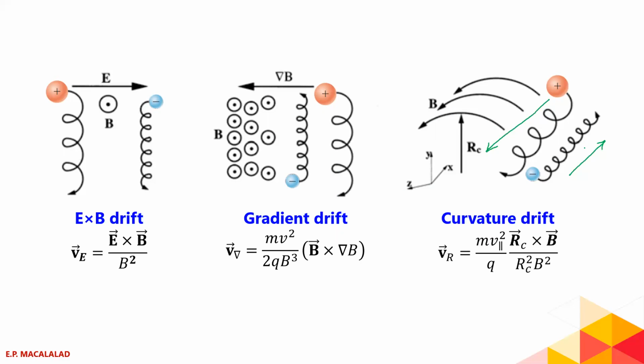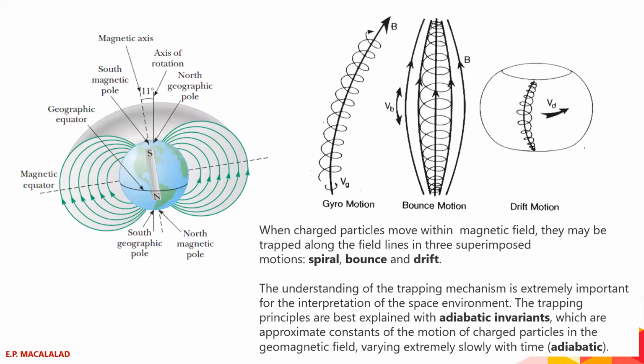So this is the third motion of a plasma particle in a magnetic field. Just to summarize the three types of motion, we call this the adiabatic invariance. We say adiabatic invariance, that means this gyro motion, bounce motion, and drift motion are actually happening slowly, in an extremely slow time in a geomagnetic field.